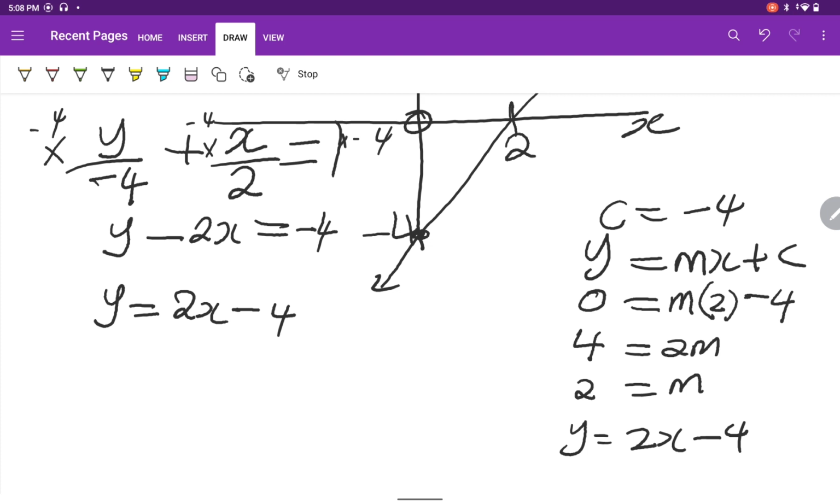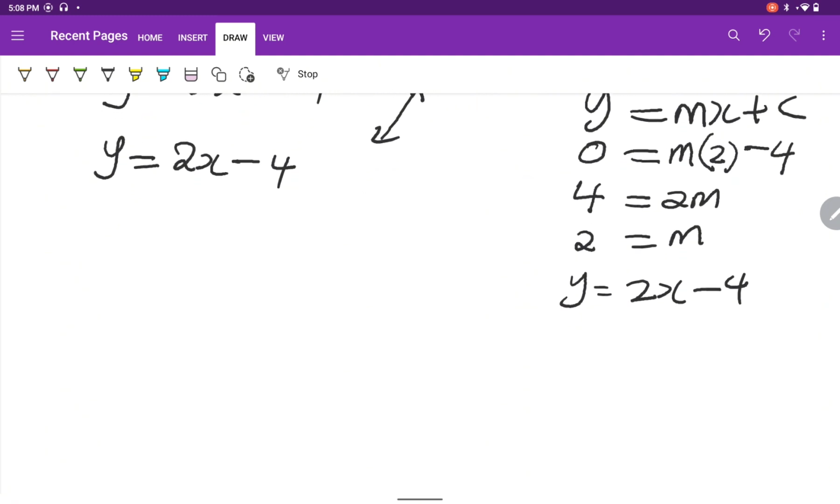Right, so now sometimes we will have a situation where we are given a point, and somehow they hide the gradient. There are instances where they hide the gradient.